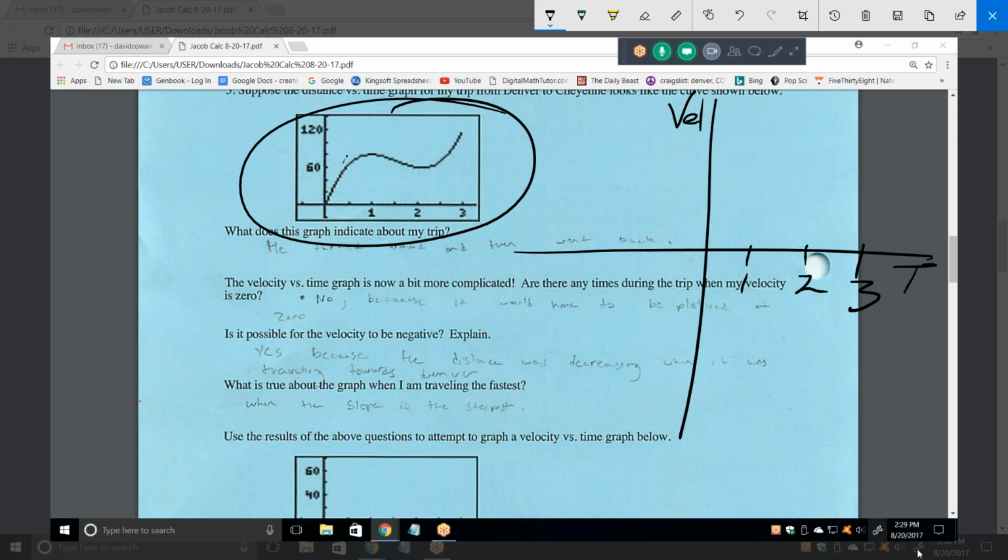It looks like that, right? What's that slope? About 60. In other words, if I were actually to do the math, that would be about 60. So my velocity starts out at 60.